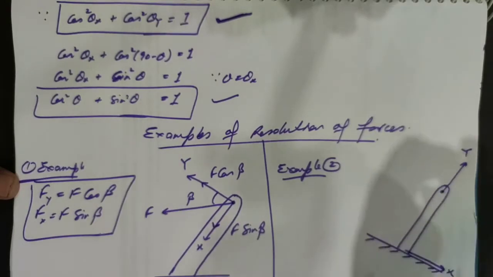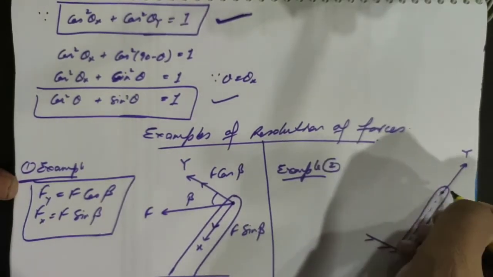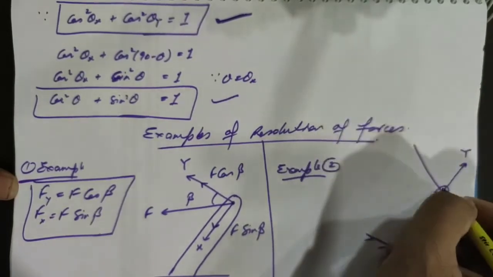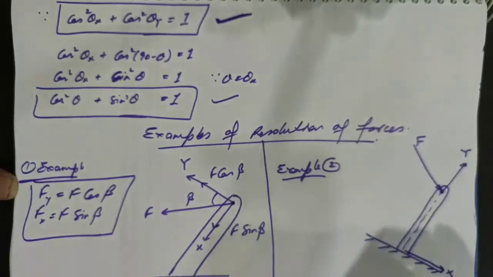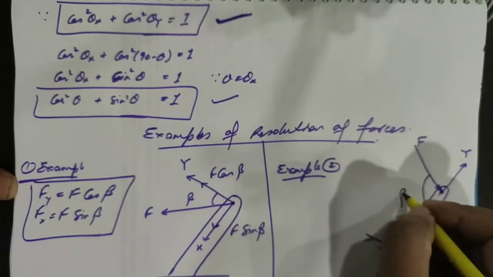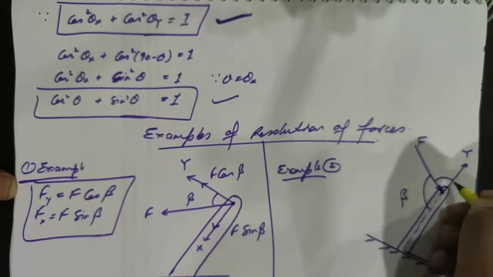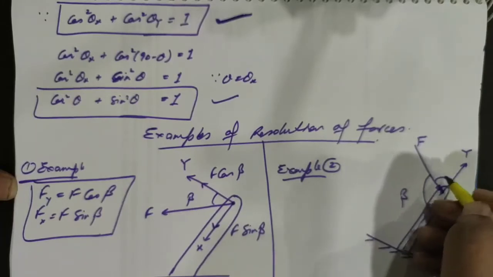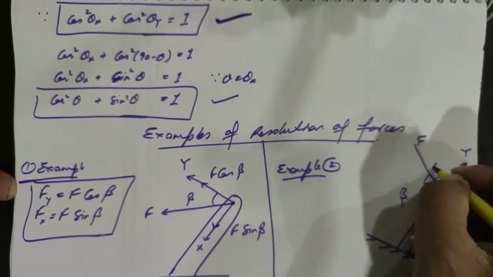One force F acts on that point, at angle beta with this axis. Actually this is a straight line, so that angle will be 180 degrees, which is pi, and this is beta, so the angle will be pi minus beta.